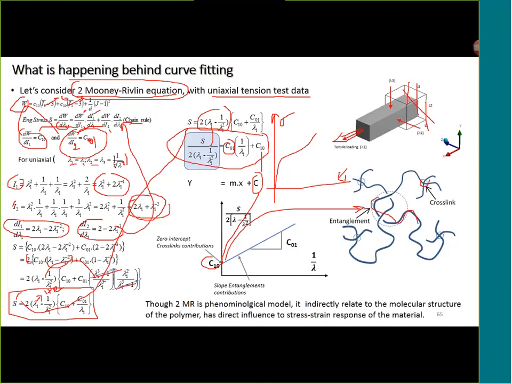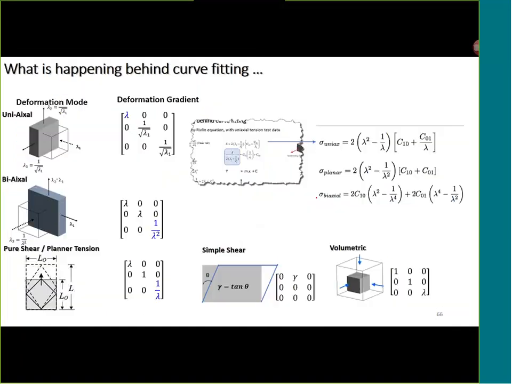In this case, I have explained what is happening beyond the screen, assuming only the uniaxial test data. But when we do the curve fitting, oftentimes we will supply uniaxial, biaxial, and either pure shear or simple shear data.